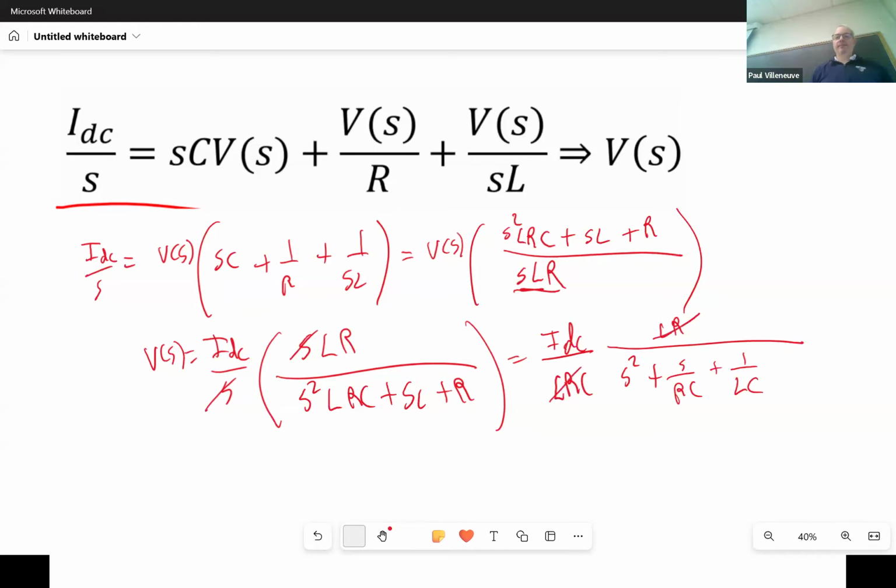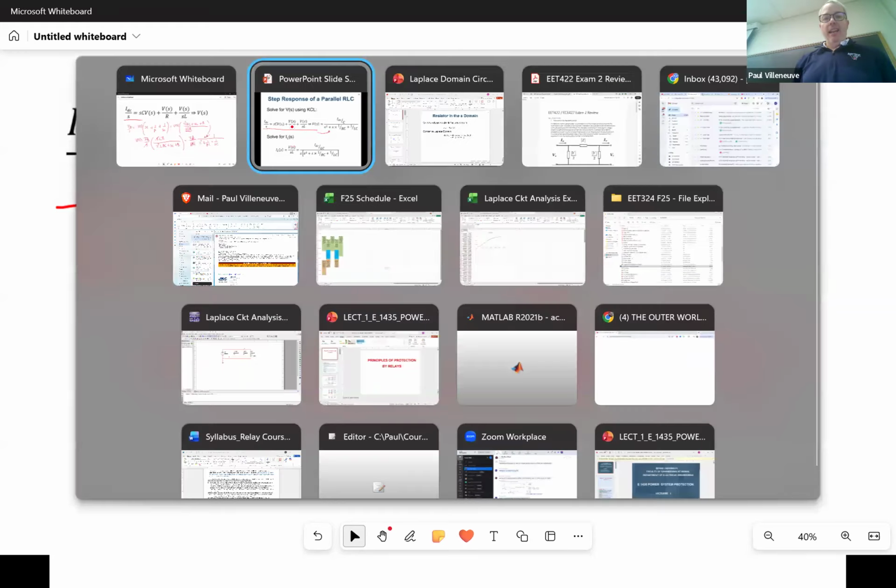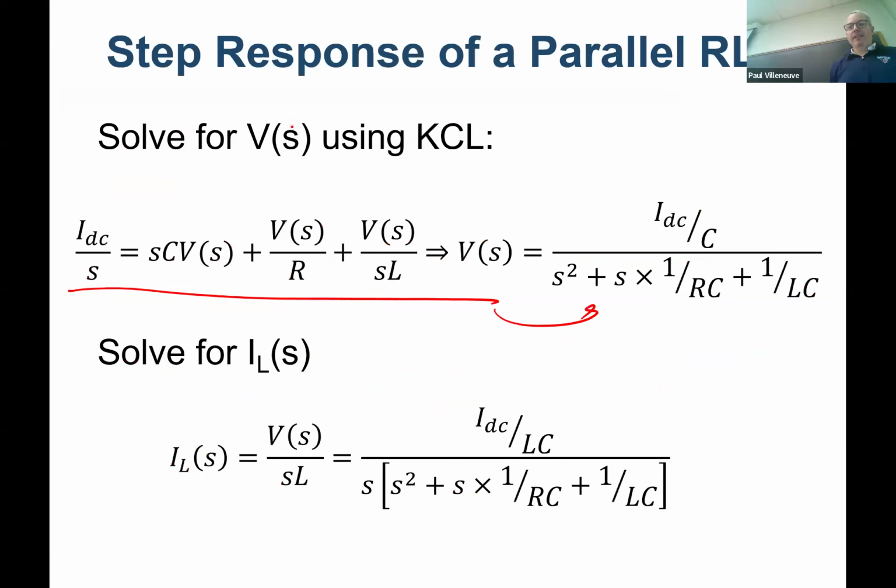Those will cancel out. And I've got IDC divided by C times 1 over S squared plus S over RC plus 1 over LC. That's the math that I got to for here. Everybody agree that those match?